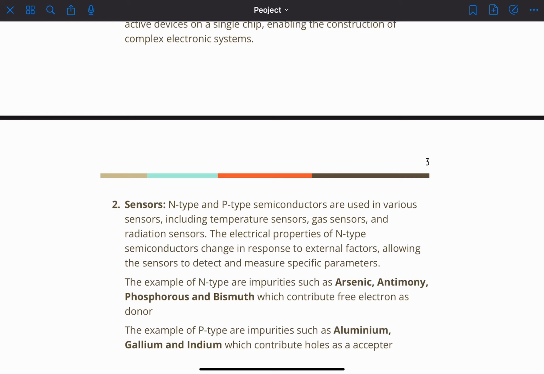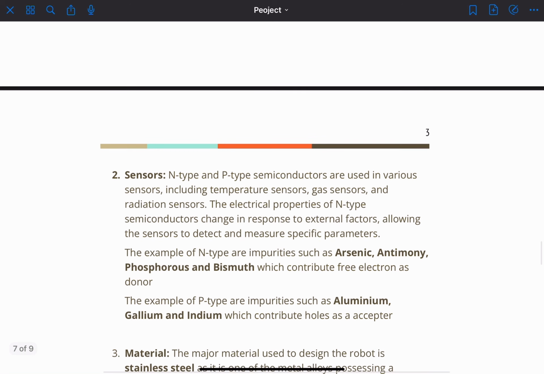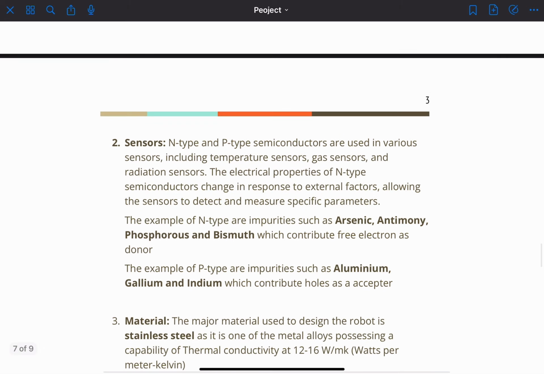The electrical properties of N-type semiconductors change in response to external factors, allowing the sensors to detect and measure specific parameters. Examples of N-type impurities are arsenic, antimony, phosphorus, and bismuth, elements which contribute free electrons as donors.